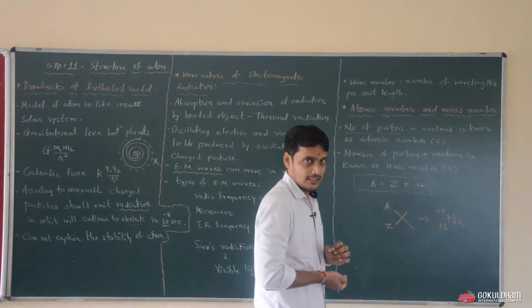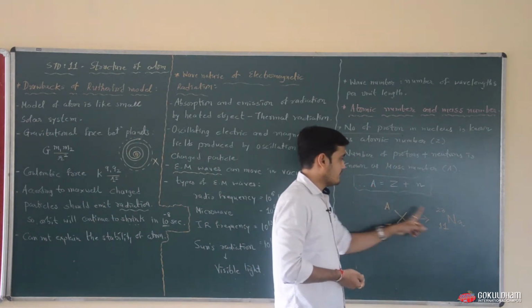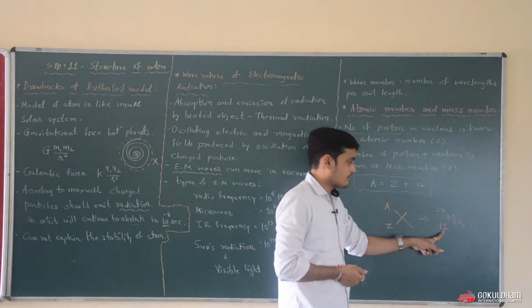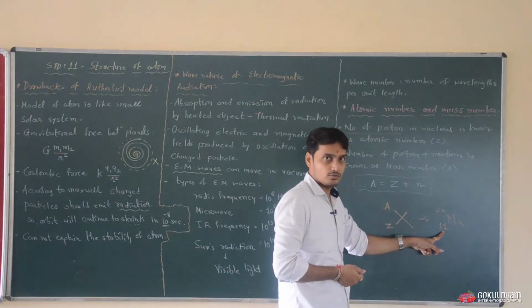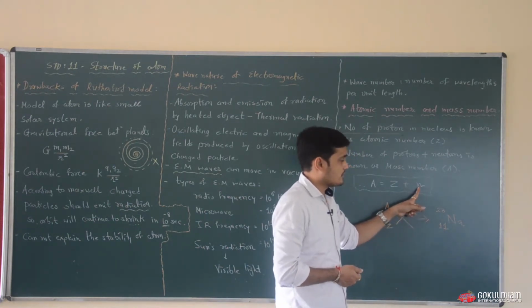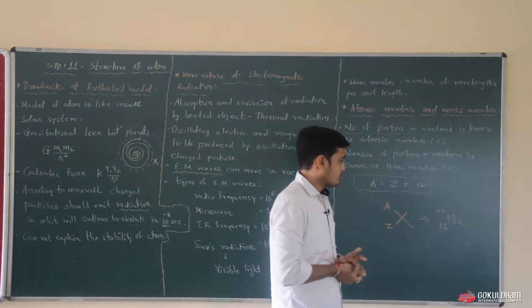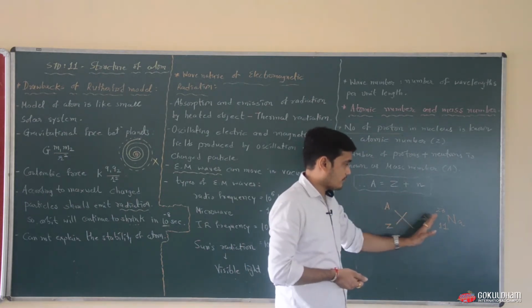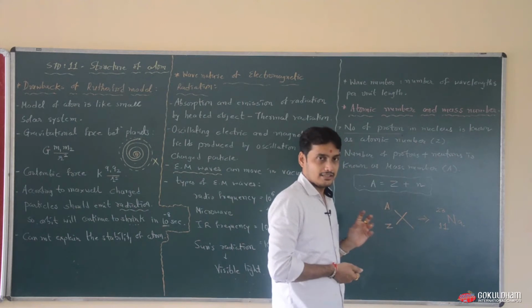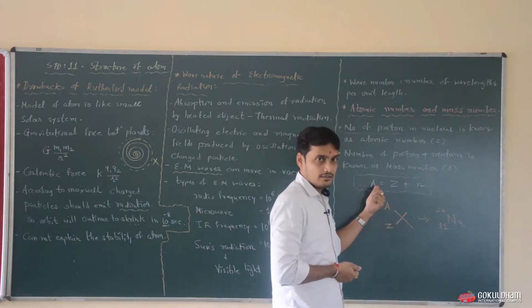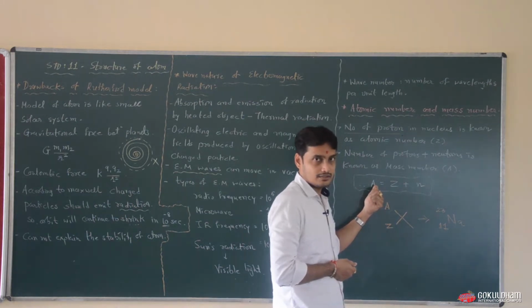So we can say that A is equal to 23 and Z is 11 in sodium. So the neutrons will be 12 in number. So this is the basic format to calculate examples based on atomic number and mass number.